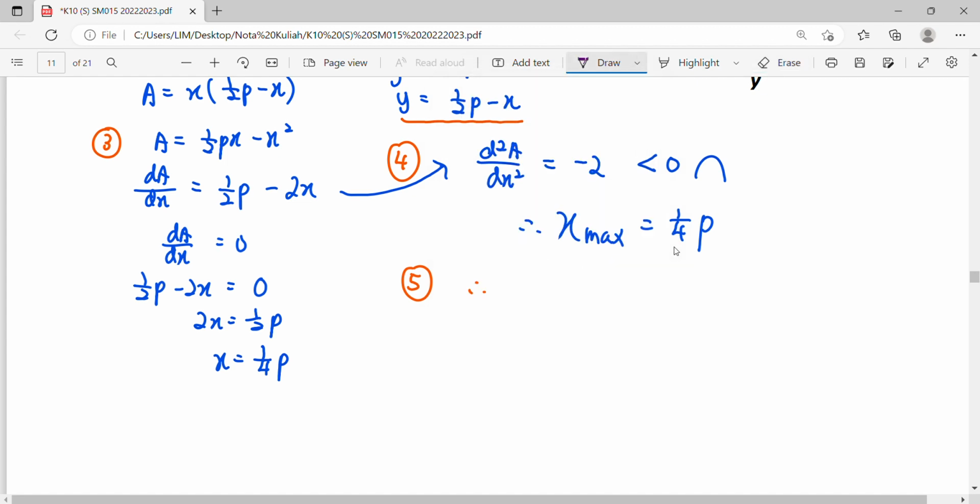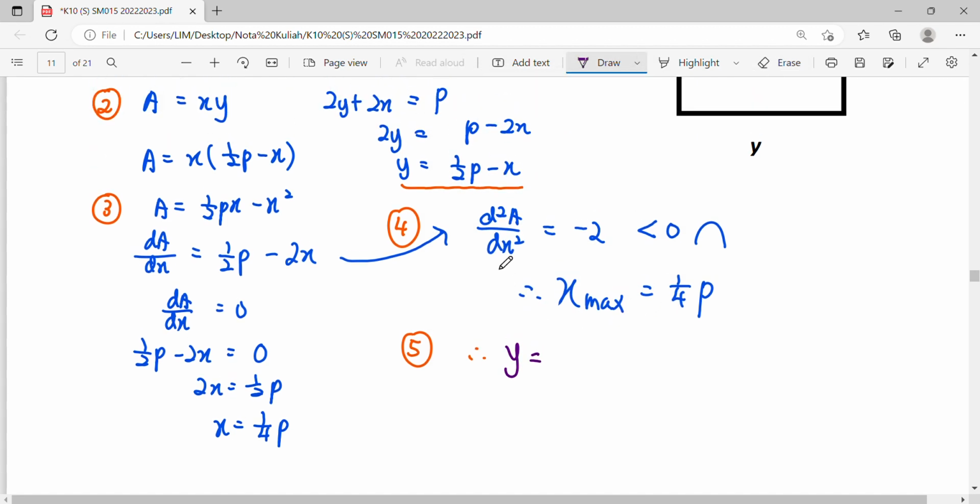So y equals 1/2 p minus x, and x is 1/4 p. So our length will also be 1/4 p.